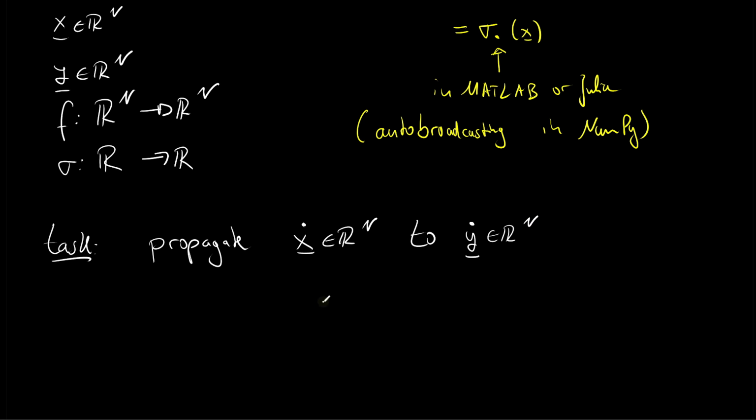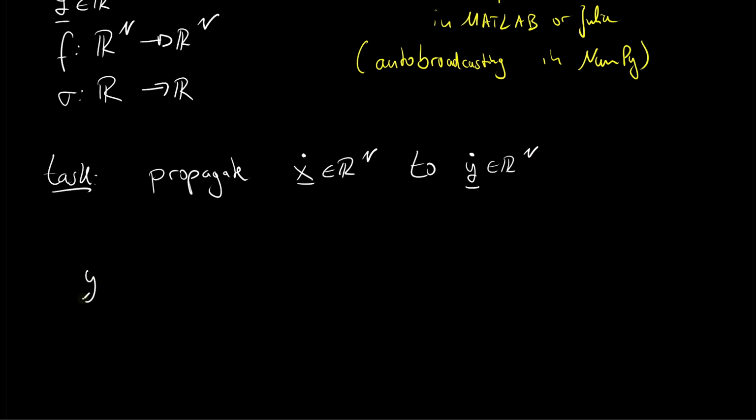And the rule on how to do that is that we say that the dotted y is given as the Jacobian of our wrapper function, df, with respect to x, multiplied with x dot. So it's kind of a linearization that we do here. And if we write that down a little bit more explicitly, we see that the Jacobian matrix is composed of all the individual derivatives of outputs with respect to inputs.